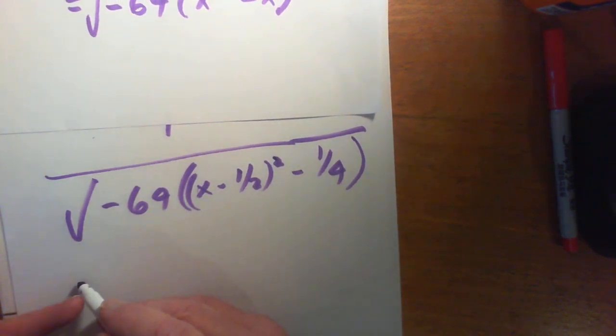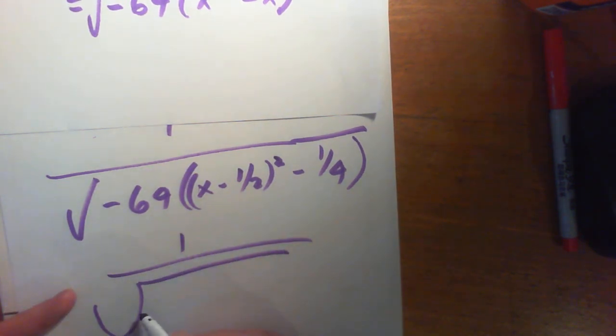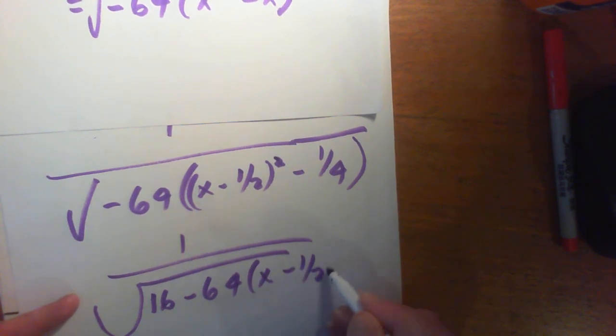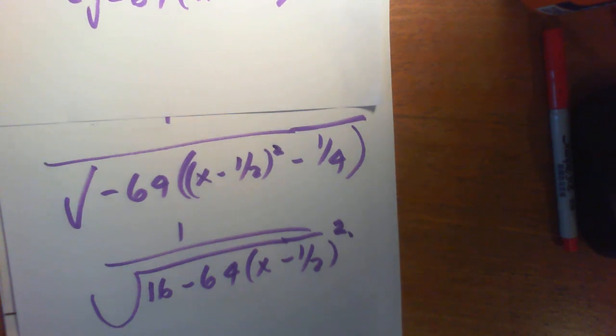The actual answer is 1 over 16 minus 64 times x minus a half, squared. And that's really all I want to say.